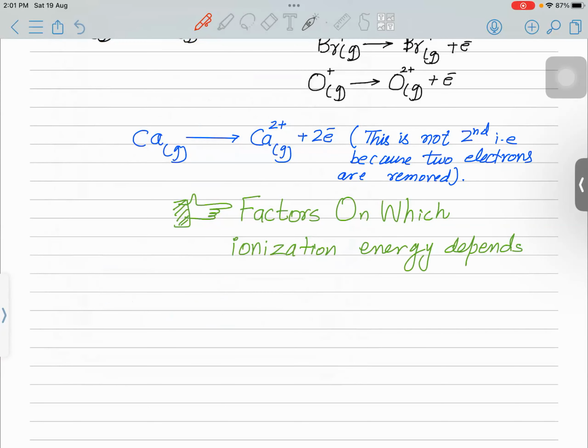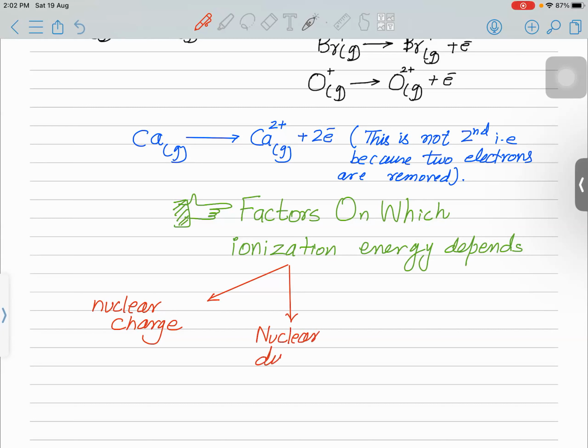First is nuclear charge. Second is nuclear distance. You know that nuclear charge is the number of protons.